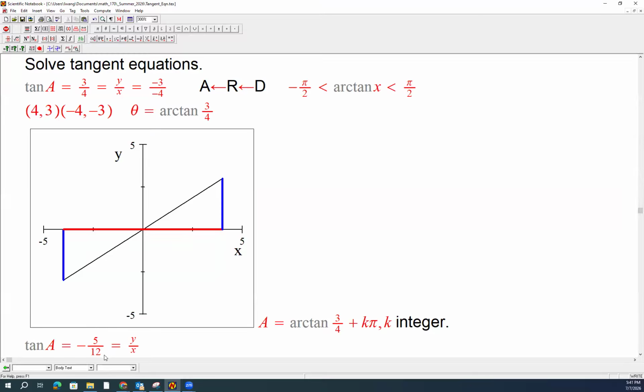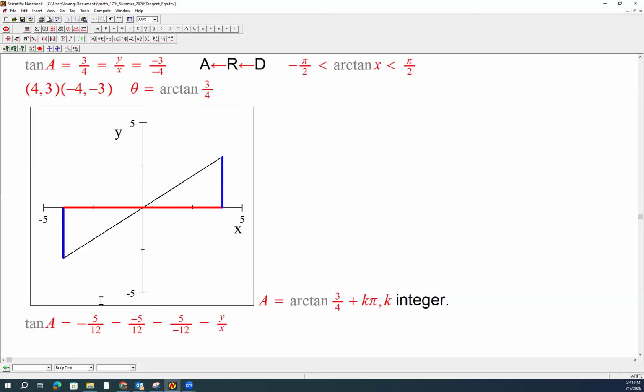it could be negative 5 over 12, right? Or it could be positive 5 over negative 12. This way, we got two possible xy's.